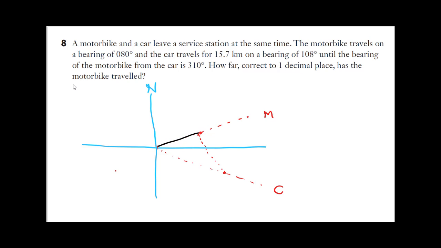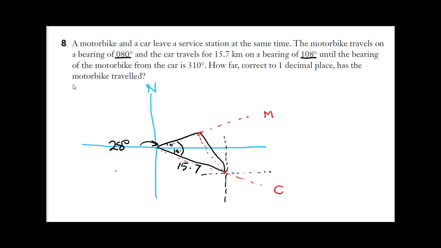Because now what we can do is say, okay, we don't know how far this is. We know that we've got 10 degrees here because this was an 80 degree bearing, so this is 10 degrees in here. We know that this was 108, so that'll be 18 degrees in here, and that gives us a total of 28 degrees in that angle. We also know that the car travelled 15.7 kilometres. And then lastly, we know about this bearing here. If it's getting a little bit messy, I do apologise.